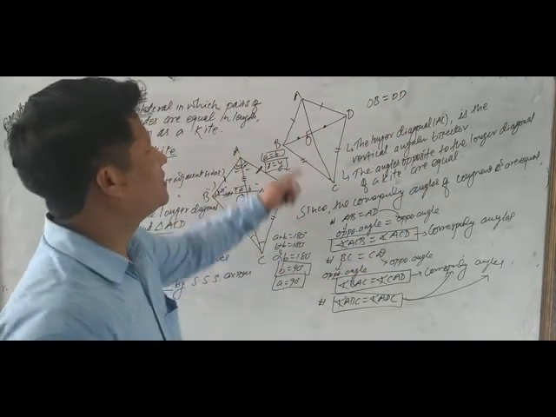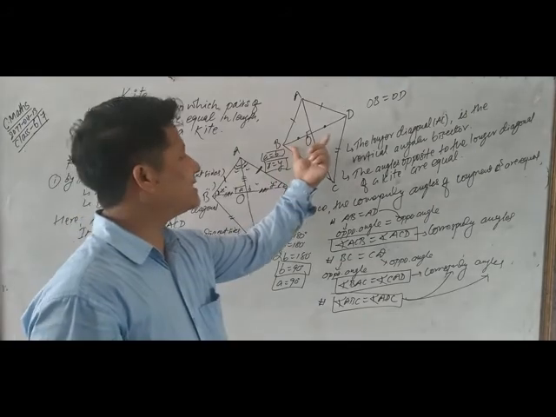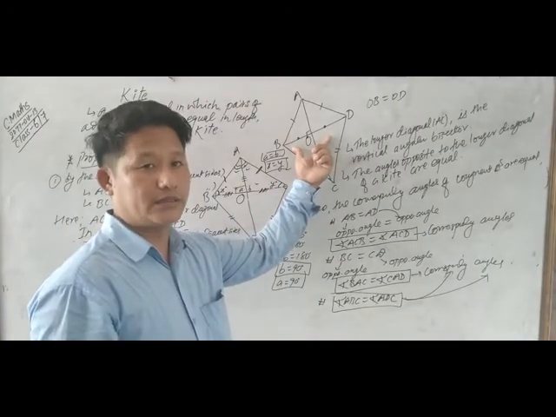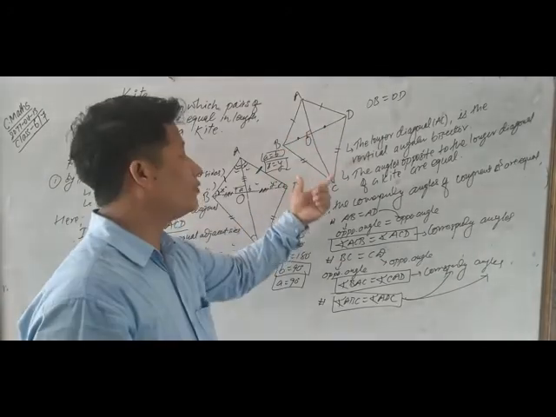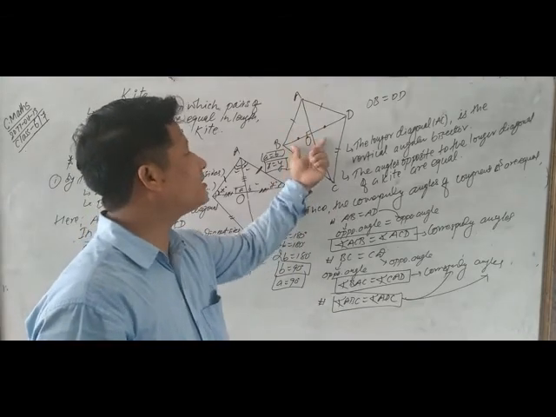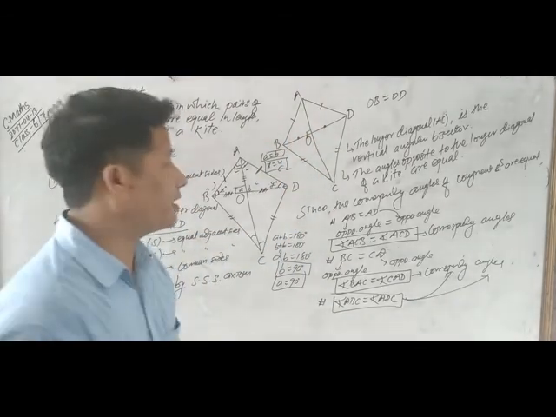So we can see that the longer diagonal bisects the shorter diagonal perpendicularly. We can say in this way also, the longer diagonal is the perpendicular bisector of the shorter diagonal.